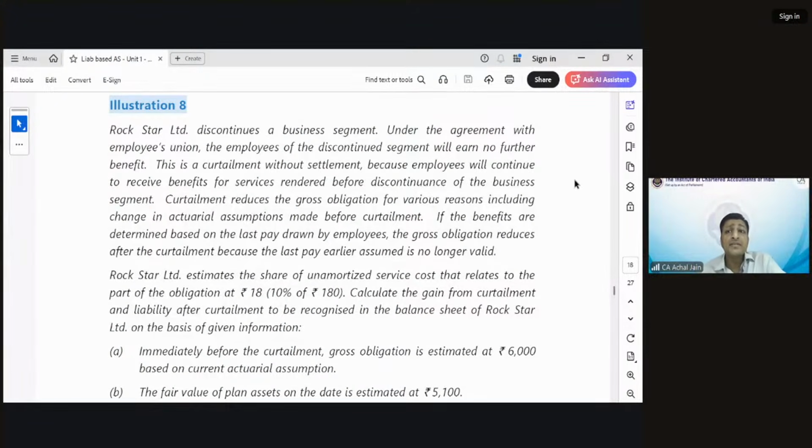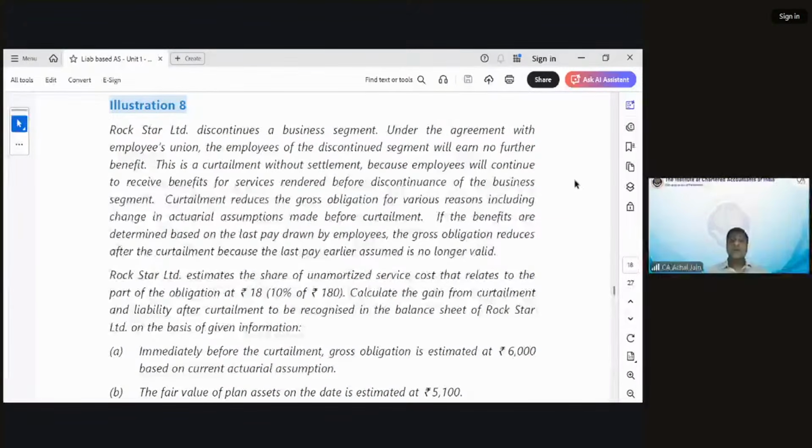Under the agreement with the employees union, employees of the discontinued segment will earn no further benefit. This is a curtailment without settlement because employees will continue to receive benefits for the services rendered before discontinuance of the business segment.